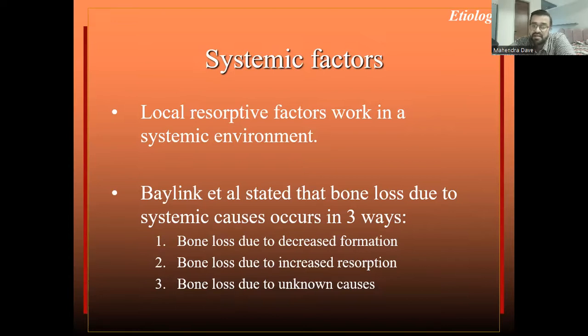Bailink et al. stated that bone loss due to systemic causes occurs in three ways: bone loss due to decreased formation, bone loss due to increased resorption, and bone loss due to unknown causes, that is idiopathic.